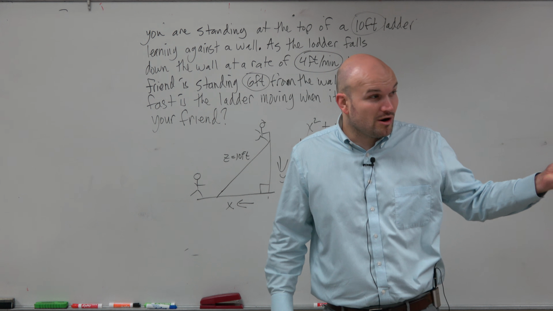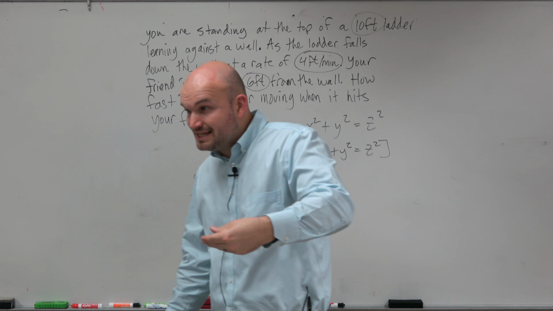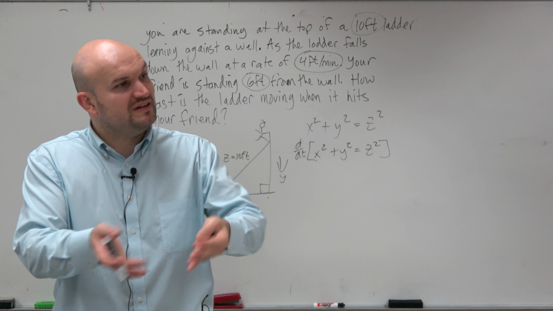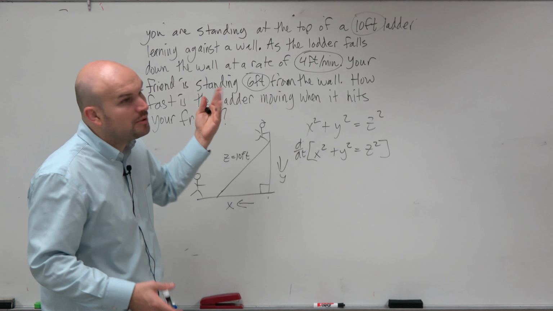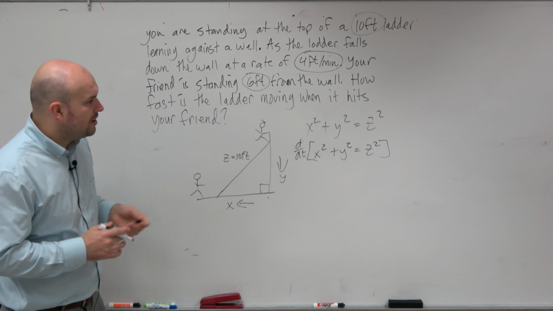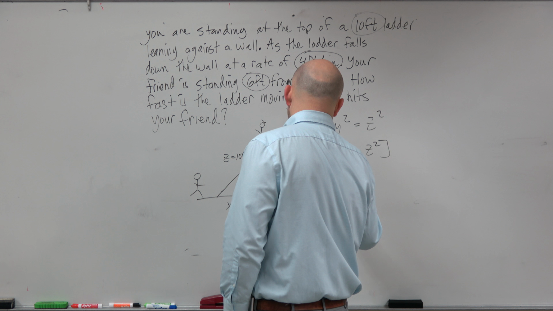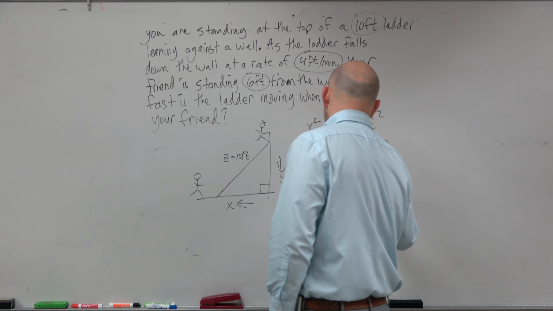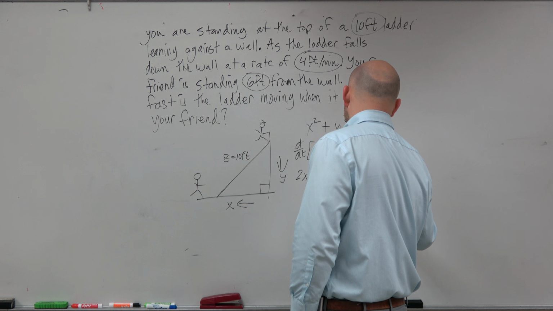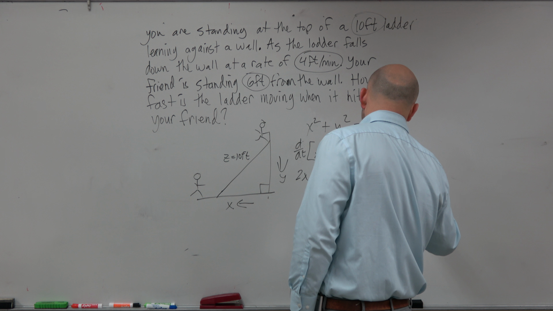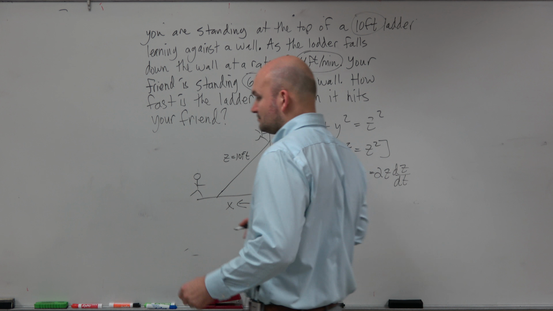Because like on our warm-up, if we're doing distance with respect to time, that gives our rates: the miles per hour, the feet per second. In this case, it's feet per minute, right? So when we find the derivative here, we get 2x dx/dt plus 2y dy/dt equals 2z dz/dt.